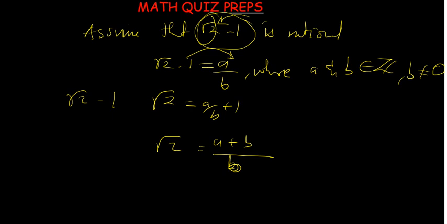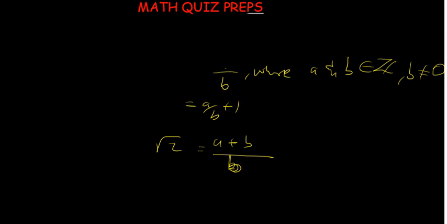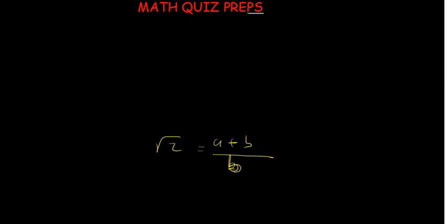Yes, sir. Okay, now say we don't rationalize this. Okay, you don't want to rationalize it. What was the original number? 1 over root 2 plus 1.